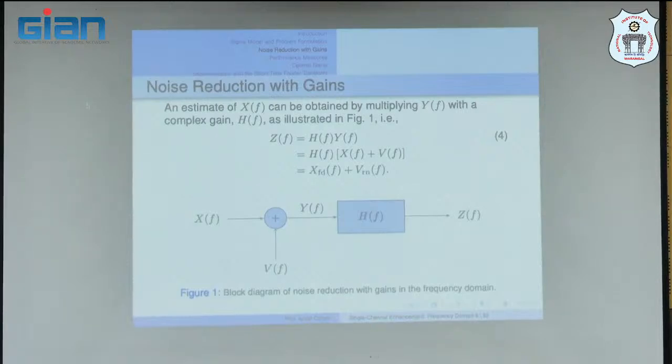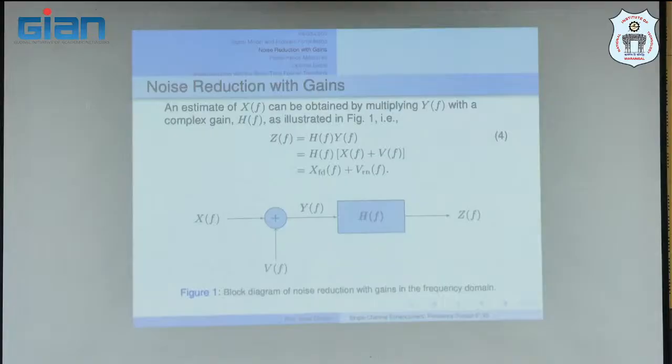So the value of H depends on the performance measures. What do we want to achieve? And we can understand that if the input SNR is very high, probably we would like H to go as high as possible, closer to 1.